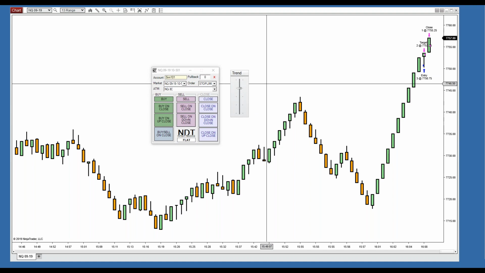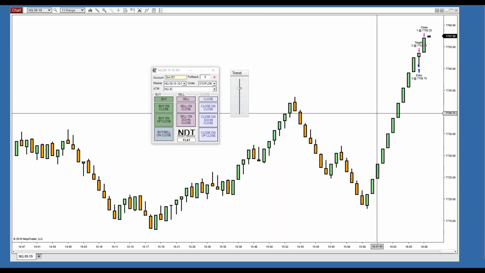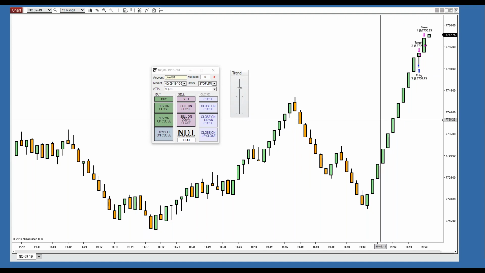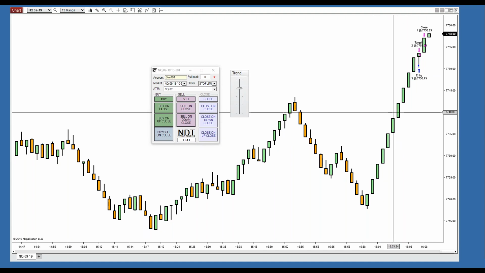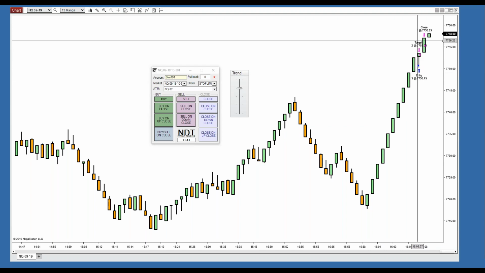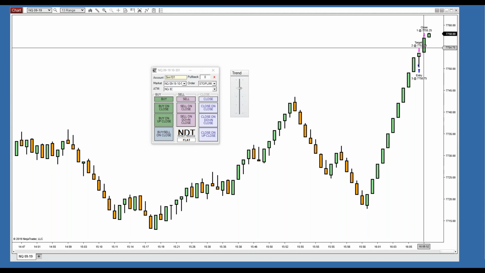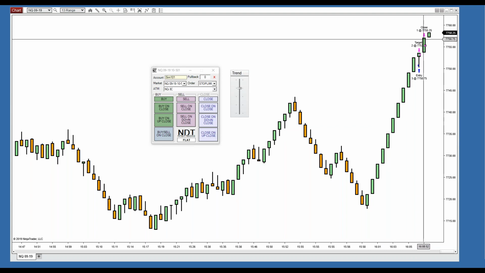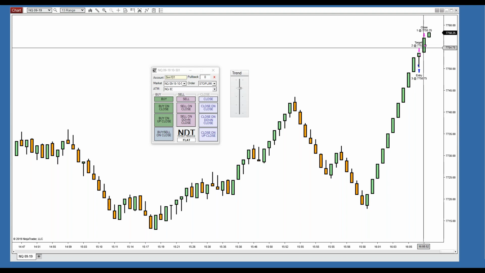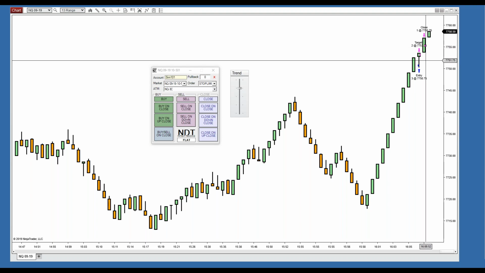Now, if the market is moving very quickly, what we usually do, and we never take a trade intra-candle, is only look to take a trade on a candle closed to the upside or a candle closed to the downside.